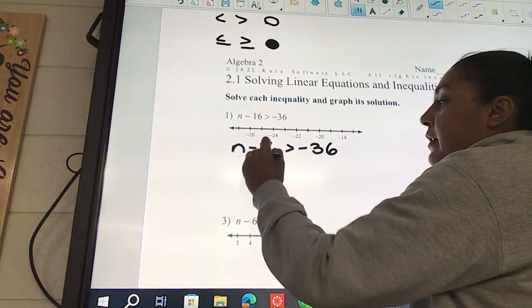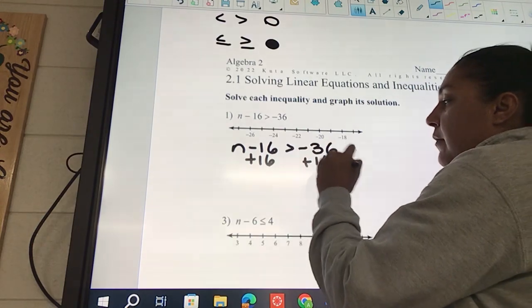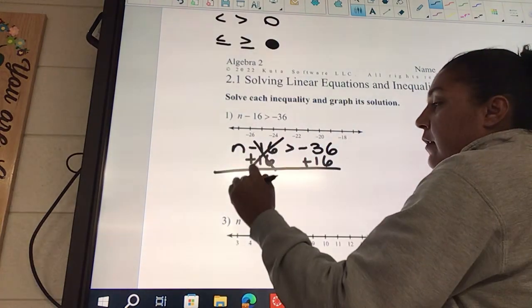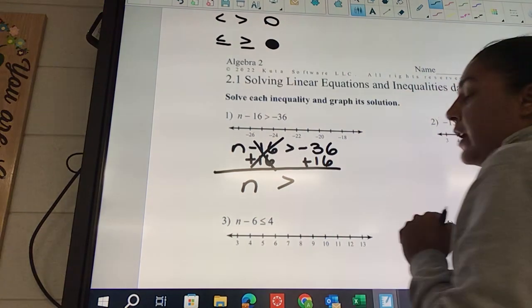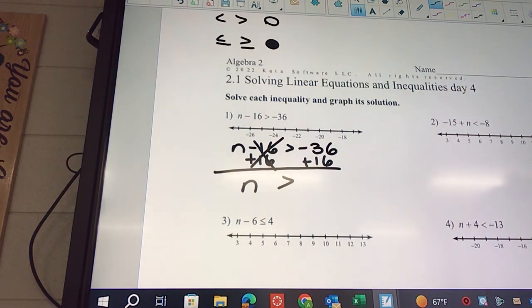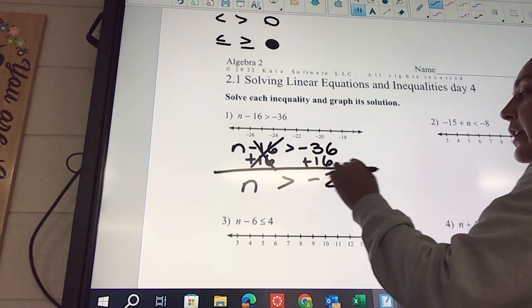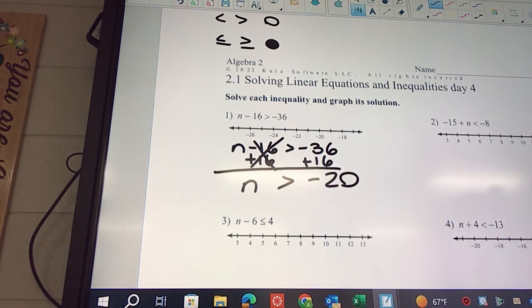Add. So we're going to say plus 16, plus 16. So we got N, and we're going to drop our sign down. What is negative 36 plus 16? Negative 20. Is that on our graph? Yeah. Okay, so that's good. Is this going to be an open dot or a closed dot? Open.